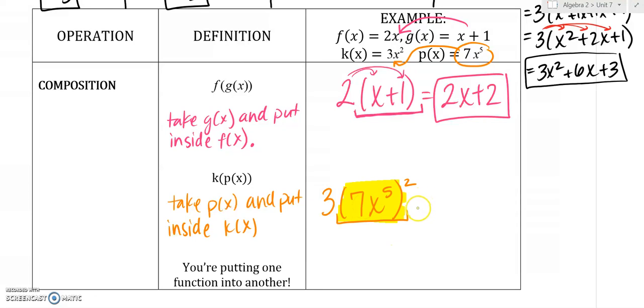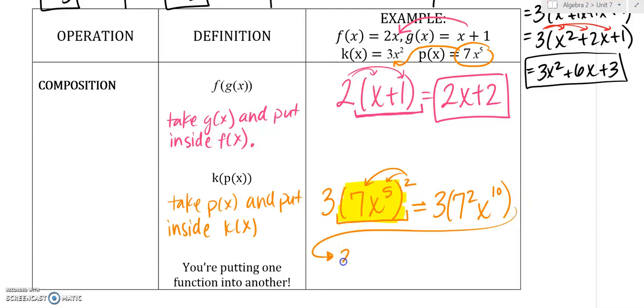Now my next job is to somehow simplify, whatever, distribute, combine, whatever it may be. So right here, back to properties of exponents, I need to give that little exponent of 2 to the 7 and to the x. So when I do that, I have 3 times 7 squared x to the, it ends up being to the 10th. I'm going to keep going. I have 3, 7 squared is 49, and then x to the 10th.